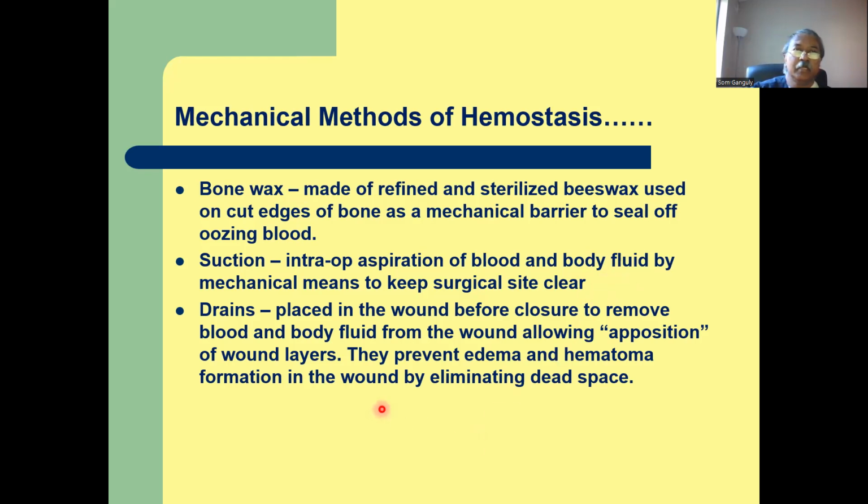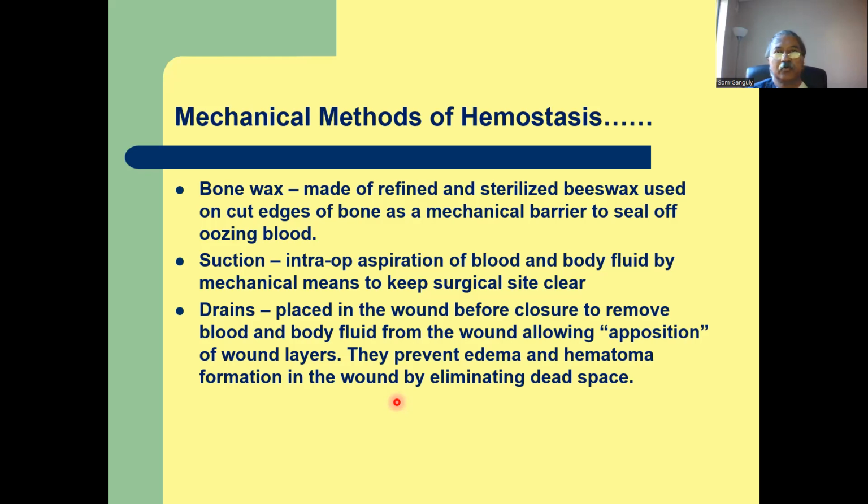When we find there may be a very tiny active bleeding process going on even after the surgery, the surgeon asks for drains. And we have many different types of drains depending on the wound.